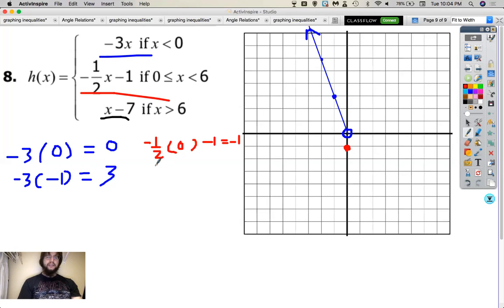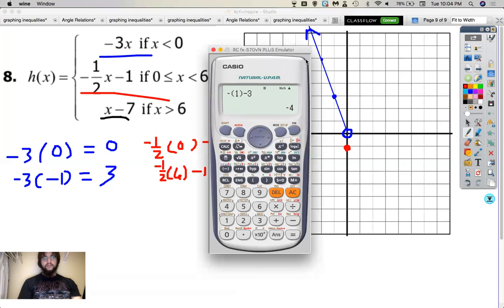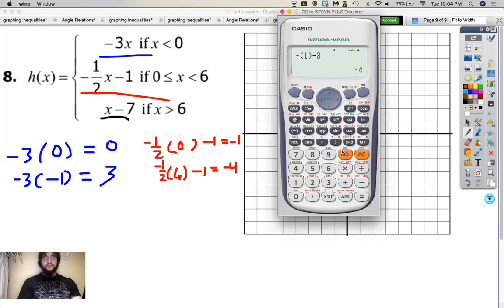Then I'm going to plug in 6, because that's my other endpoint. Let me double check myself there. I think it's -4. Almost 100% sure it's -4. If I'm wrong, I'll be angry at myself.